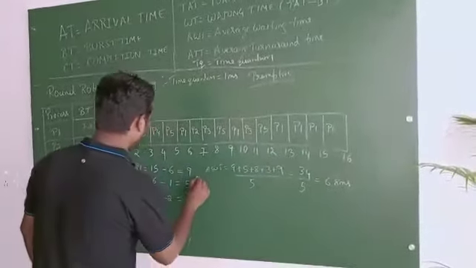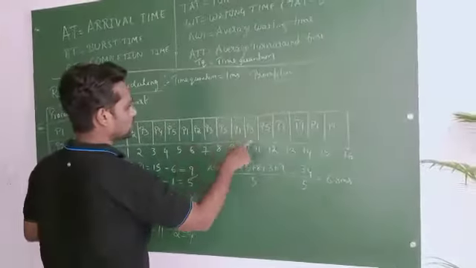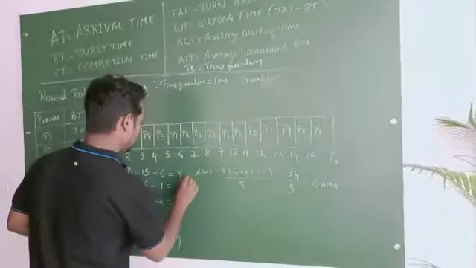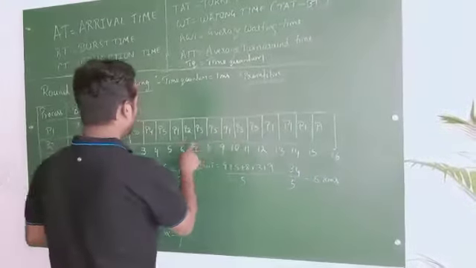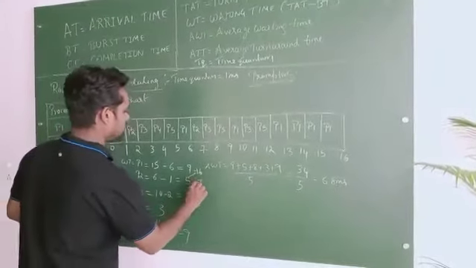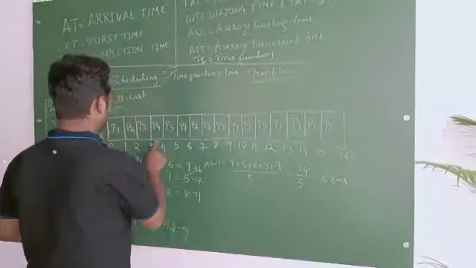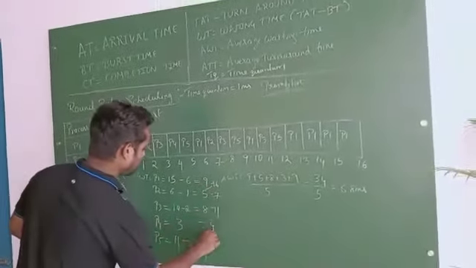Now the average turnaround time. For the P1 process, towards the right, the turnaround time is 16. P2 is 7. P3 is 11. P4 is 4.